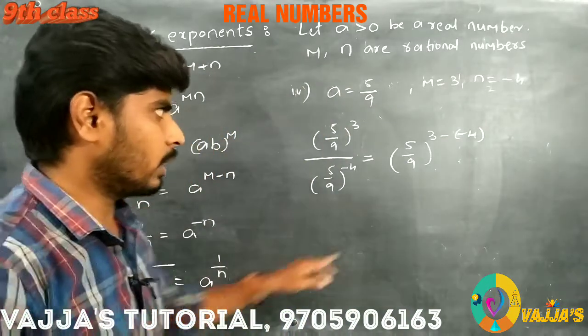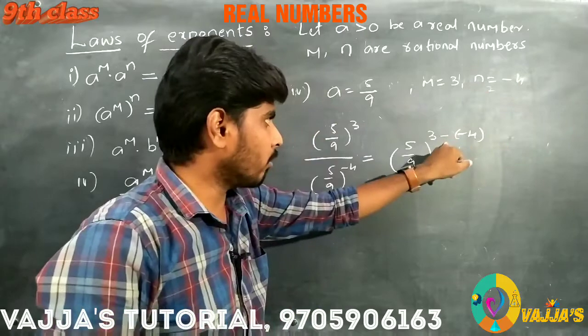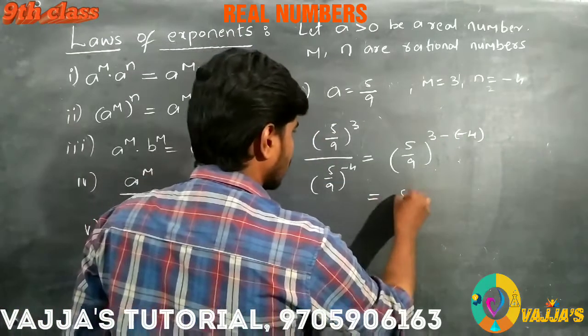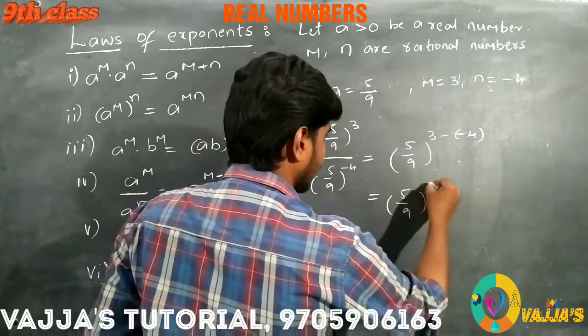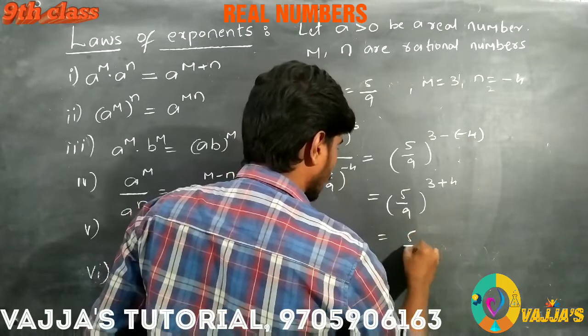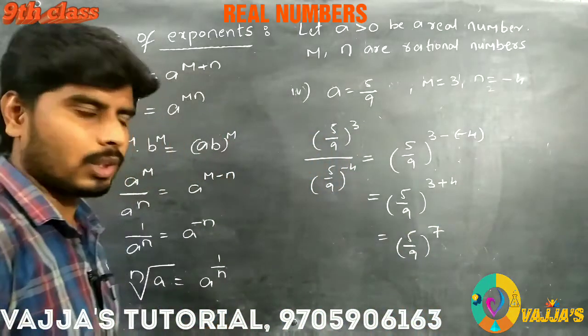This minus comes with the value and this minus is from the formula. So 3 minus into minus is plus, it becomes 7. So 5 by 9 whole power 7 is the answer.